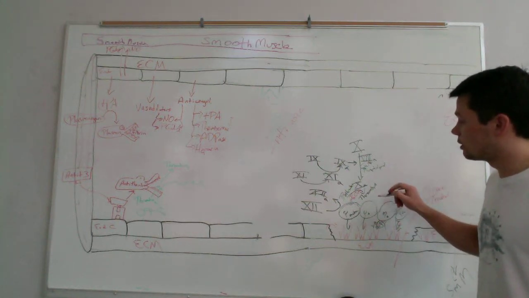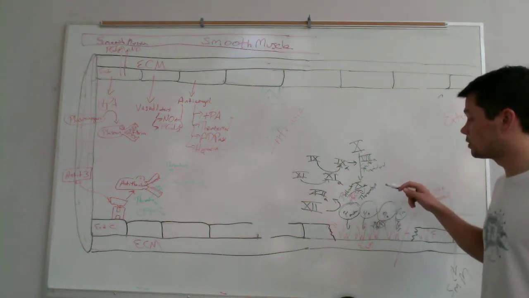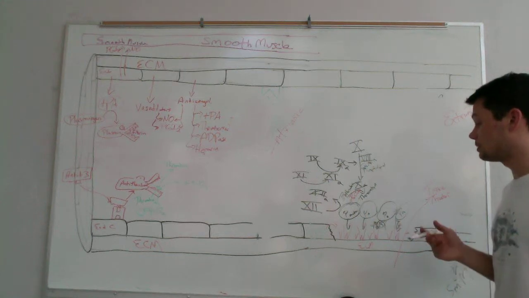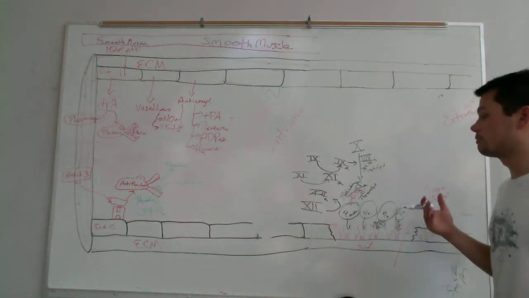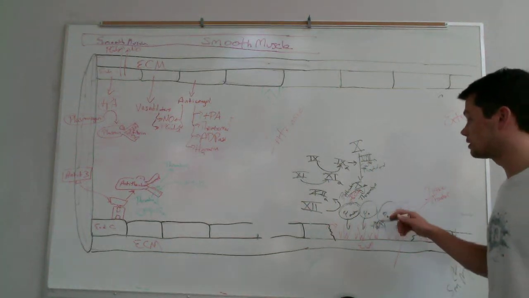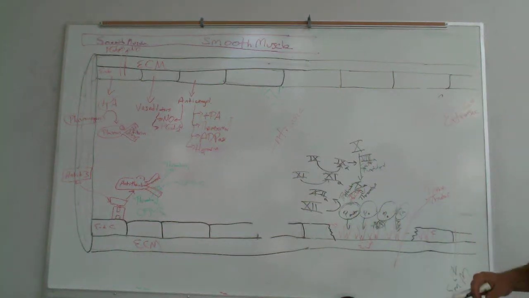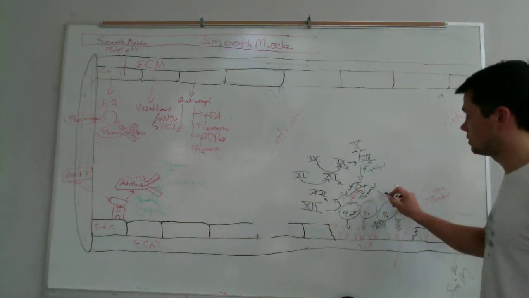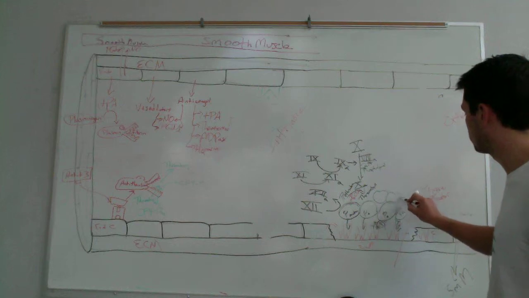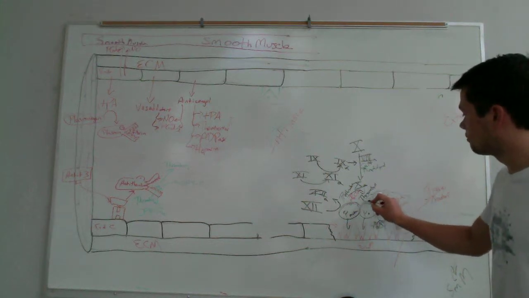Because inevitably what we want is fibrin deposition, and you want your fibrin to be deposited on your platelets, not just anywhere. You want it where you've got your clot formed.